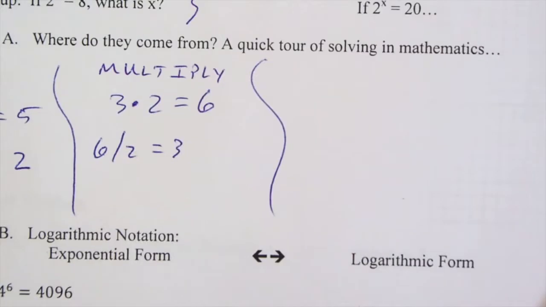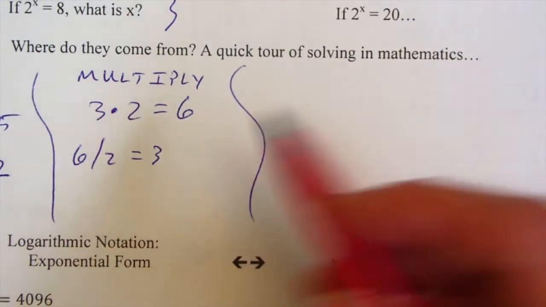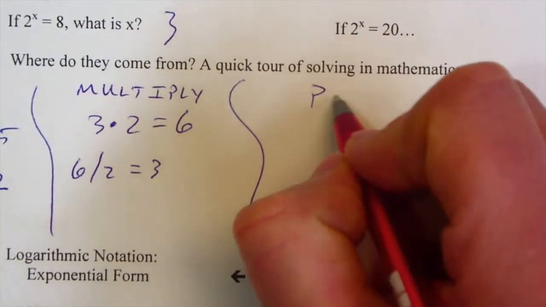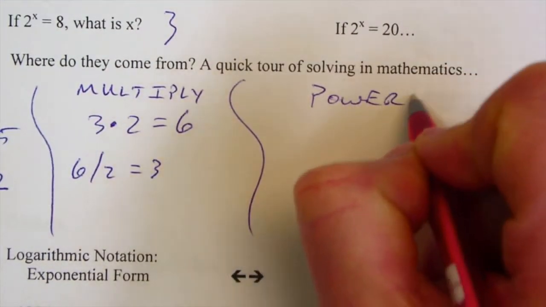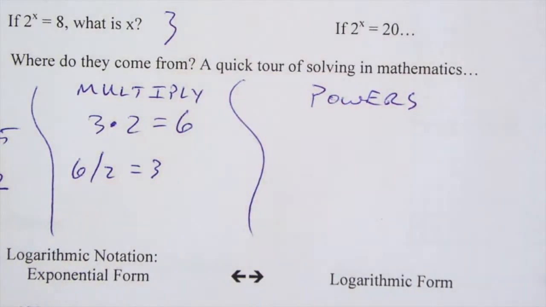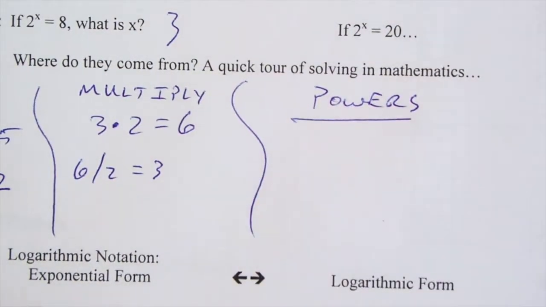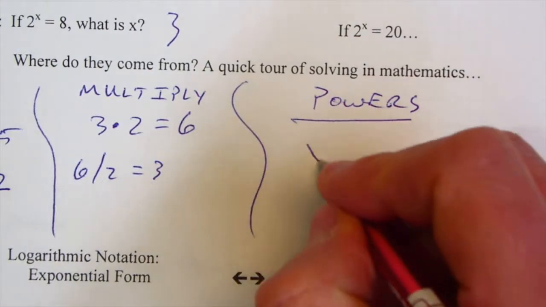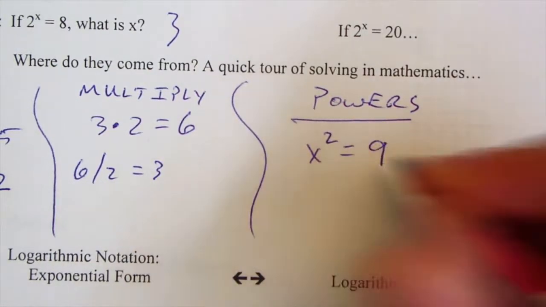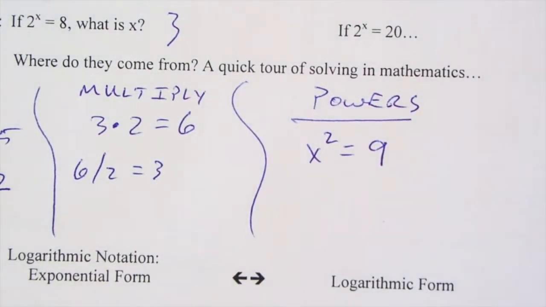All right, the next one, after add, multiply, divide, we learn powers. Powers are problems like x squared is equal to 9, things like that. You probably learned it in maybe 6th, 7th grade, but we just hit it in the past couple months as well.